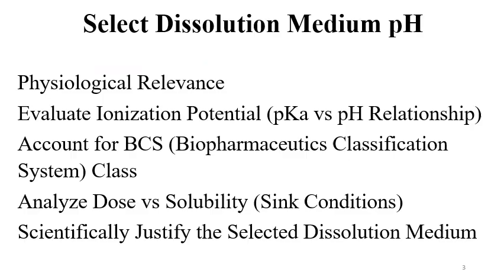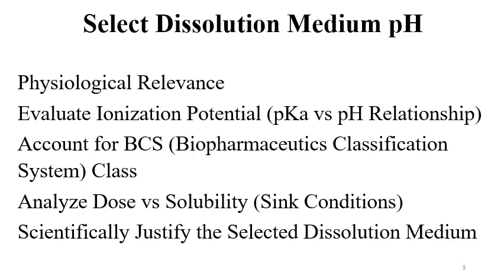Now how is the pH to be finalized? First we need to consider the physiological relevance. We should evaluate the ionization potential. We should understand the pK of the drug versus pH relationship. Also we should check the BCS classification, whether the drug is soluble or insoluble. We should analyze dose and solubility.